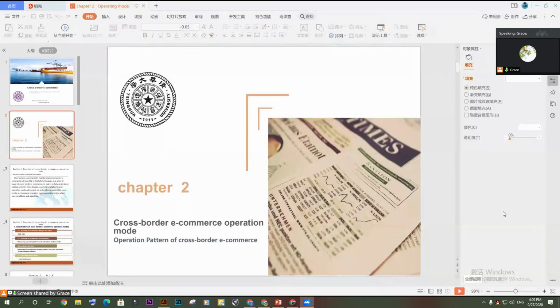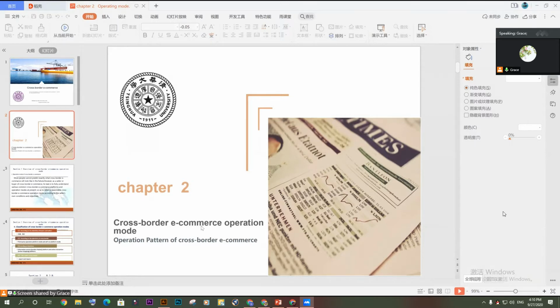And also, you should have your objectives. When you do a business, you should have your own objectives. So, according to these conditions and objectives, you should choose a suitable operation mode for yourself. You should select a suitable cross-border e-commerce operation mode for yourself.